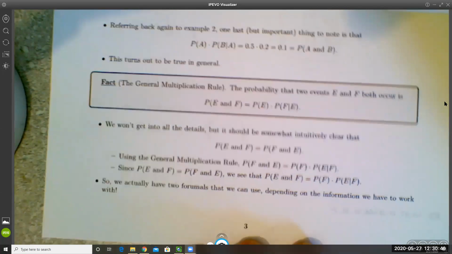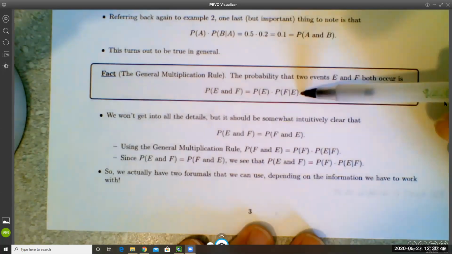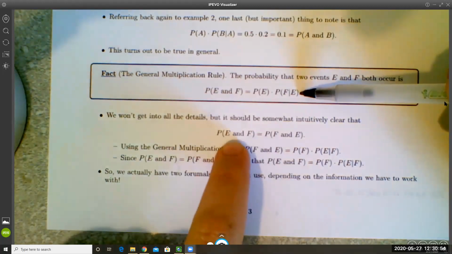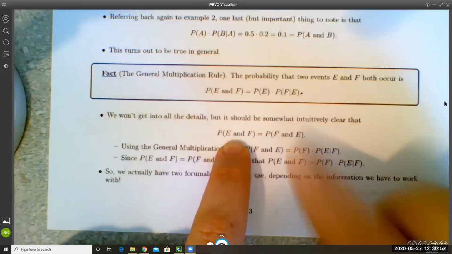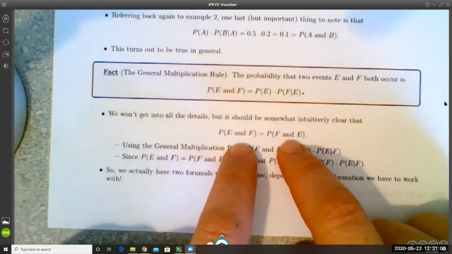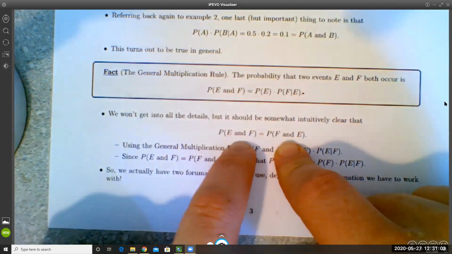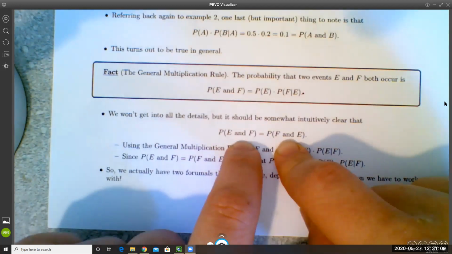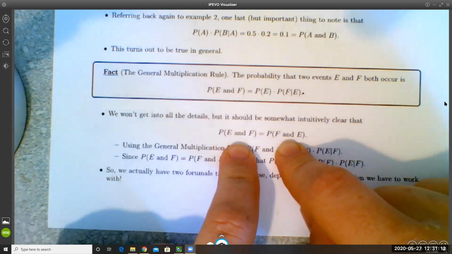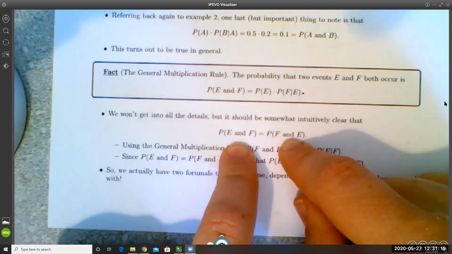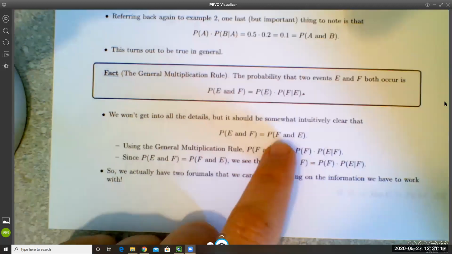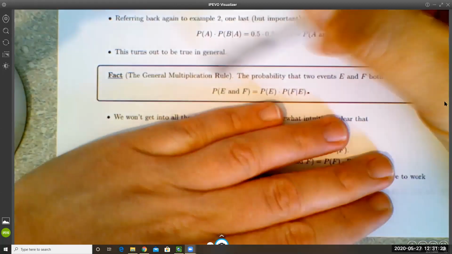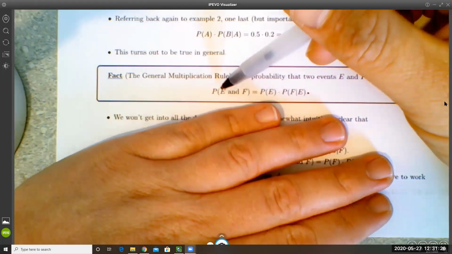Another thing to consider is that we have another formula we could use in place of this one, because probability of E and F is the same thing as probability of F and E. Both of these probabilities are the probability that E and F both occur out of the entire sample space. So you're going to get the same answer if you compute probability of E and F as you would if you computed probability of F and E. Think about this formula, and instead of thinking of the letters, think of it like the first thing and the second thing.